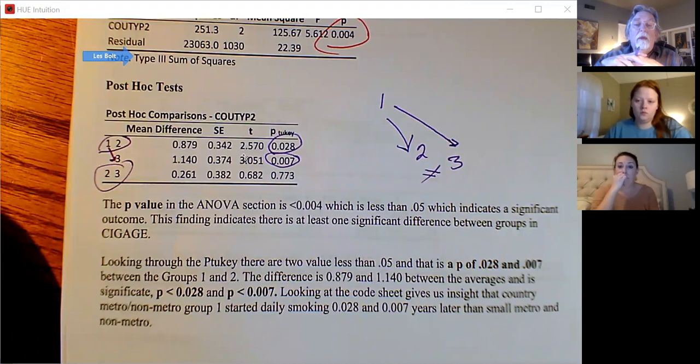Now, we know from the coding that the coding is metro, non-metro, and rural, or metro, small metro, and rural.